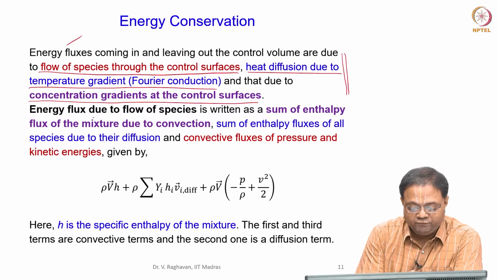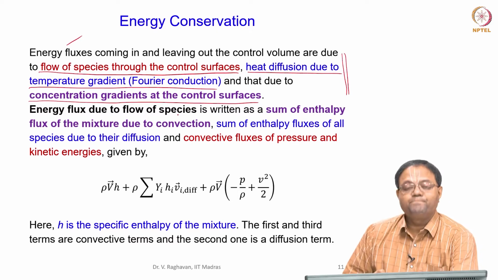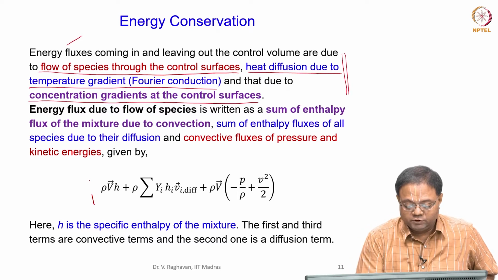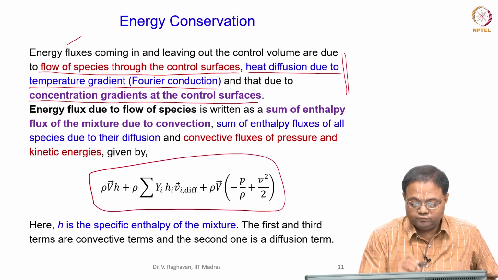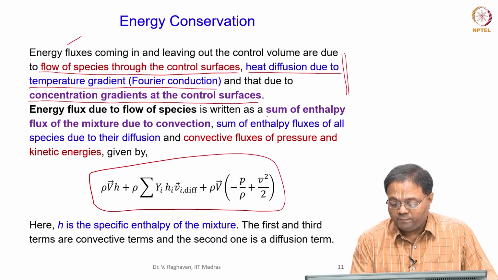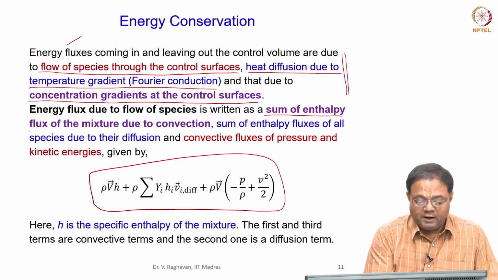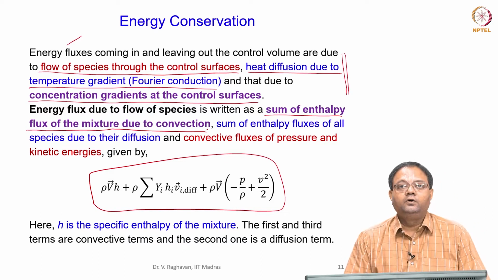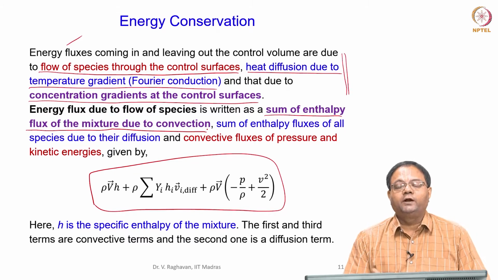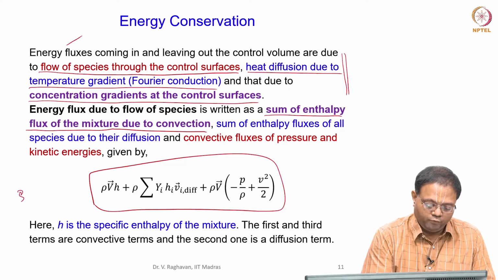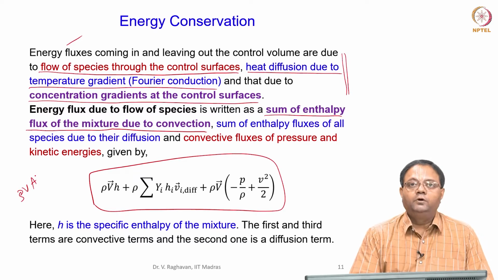So, energy flux due to flow of species, okay, that is nothing but this. Okay. 3 terms. First one is sum of enthalpy flux of the mixture due to convection. Okay. So, there is a flow rate rho V into A. Okay. So, rho V A is the mass flow rate.